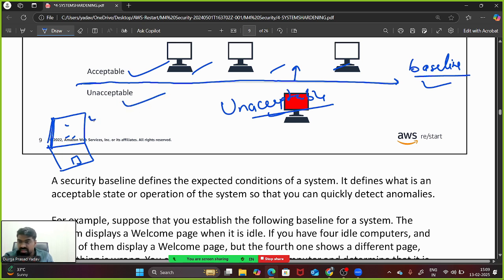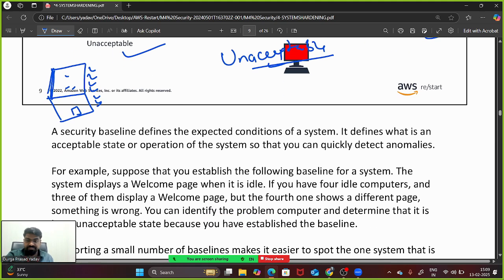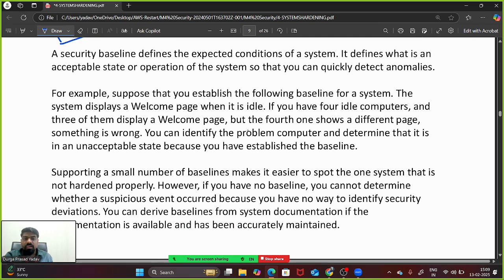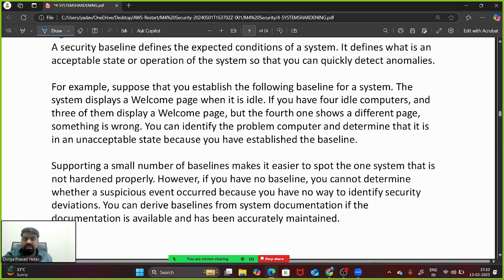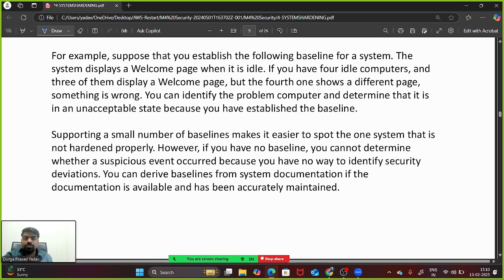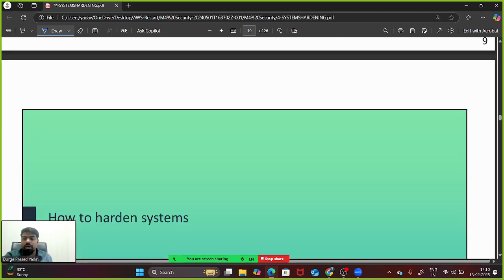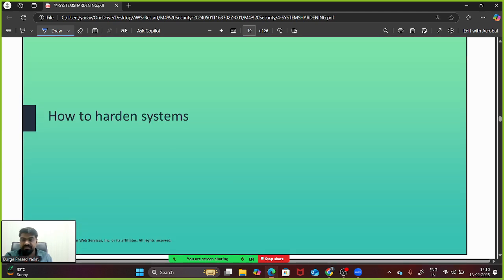If everything is up to date as per our expectation and it is working, then only it will go up to the baseline, and you will be able to accept that system. In an acceptable system, you will be able to perform all operational activities.